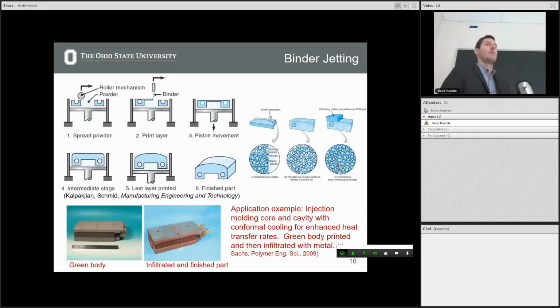And so then you can create metal parts from basically this green body mold here. So you can make really strong parts from this. Here's an example of a green body that's then turned into a metal-infused and infiltrated part that they can then use for injection molding. So there are ways in which you can turn this into more durable parts, even though it first started out as basically plaster, which is very weak. Plaster and glue.